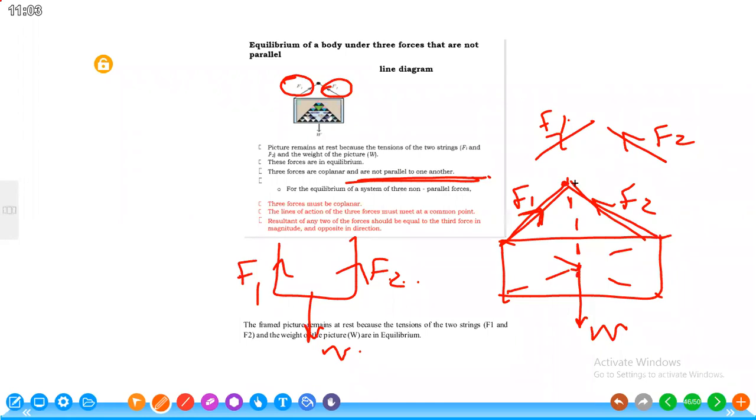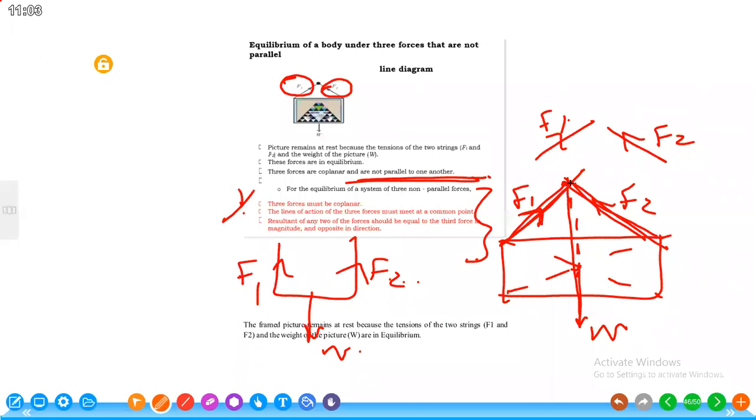So for the equilibrium of a system of three non-parallel forces, the first condition is that the three forces must be coplanar. That is the first condition. And the second one, the lines of action of the three forces must meet at a common point.